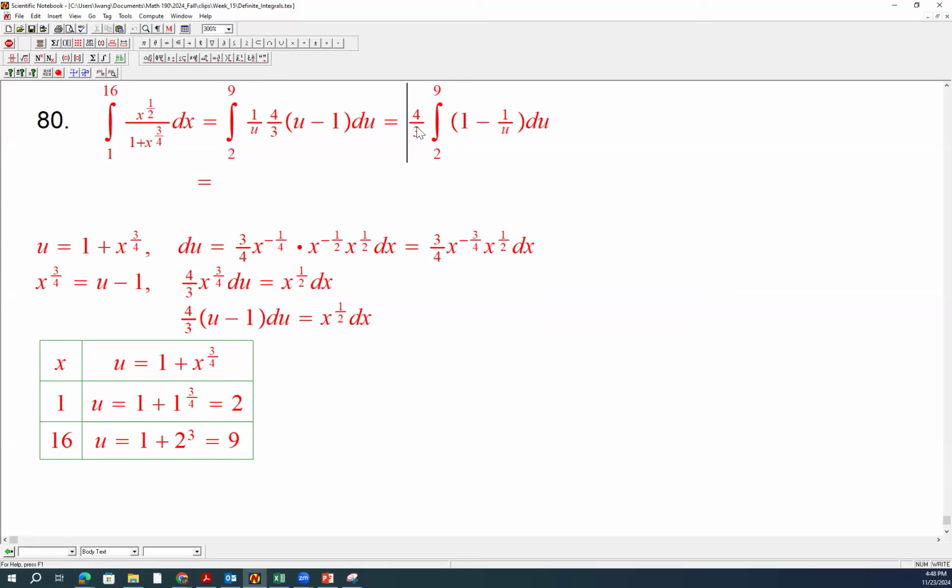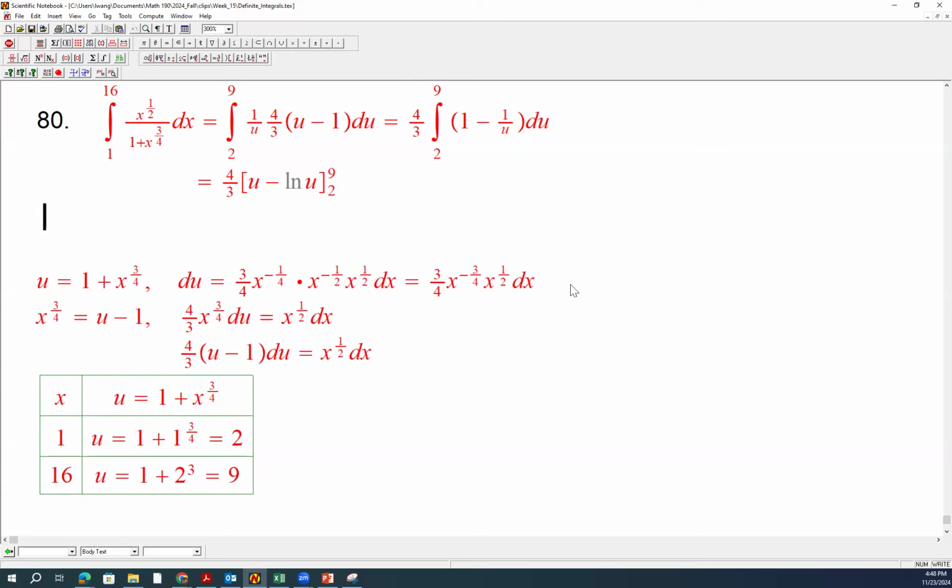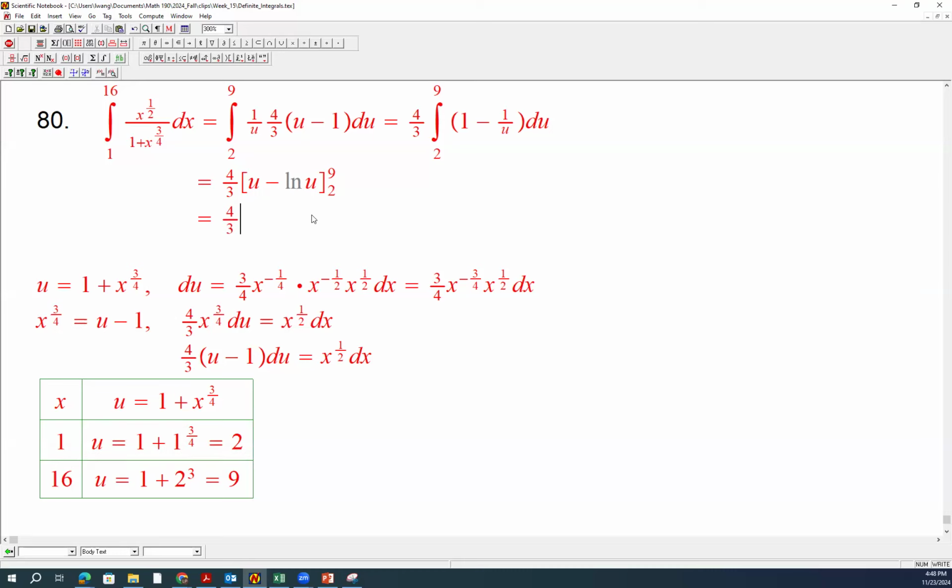So just find the antiderivative. 4/3 times the antiderivative of 1, which is u, and the antiderivative of 1 over u, which is ln u, evaluated from lower boundary 2 to upper boundary 9. We are almost done. Equals 4/3.